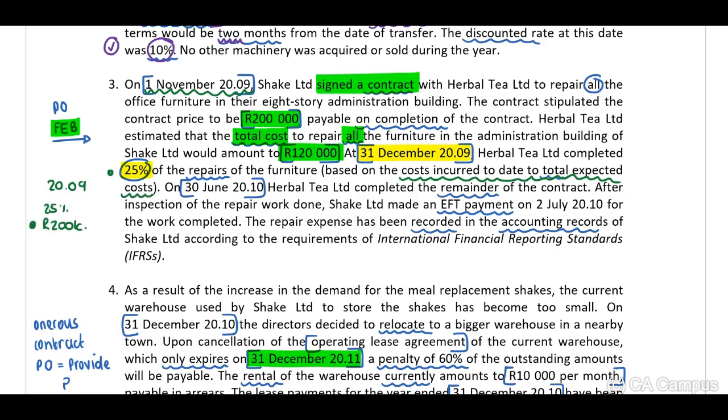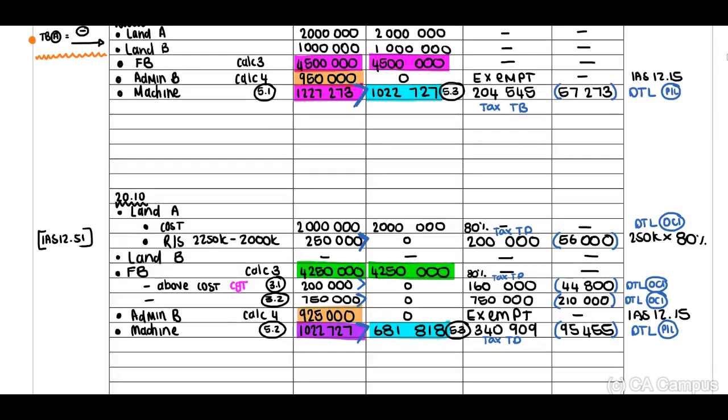Okay, therefore let's quickly transfer this to our deferred tax calculation. This is a provision in terms of our repairs, 2009. This is a provision, and please ensure that you indicate your calculation. This is the 200,000 times the 25%, and this will be the 50,000.